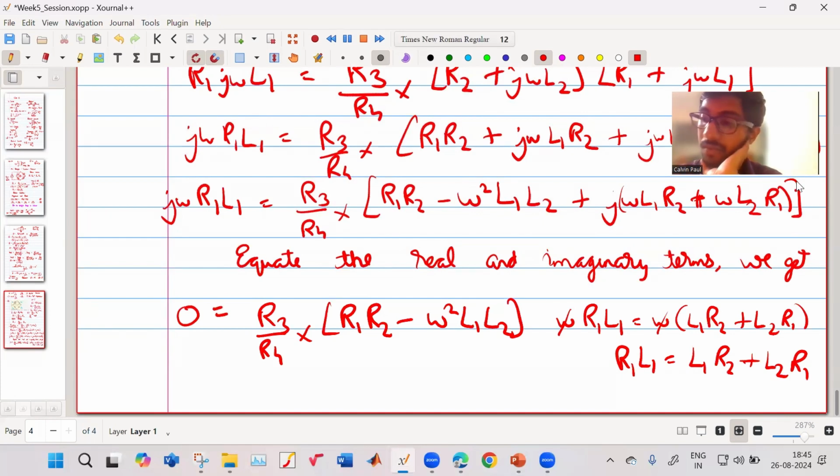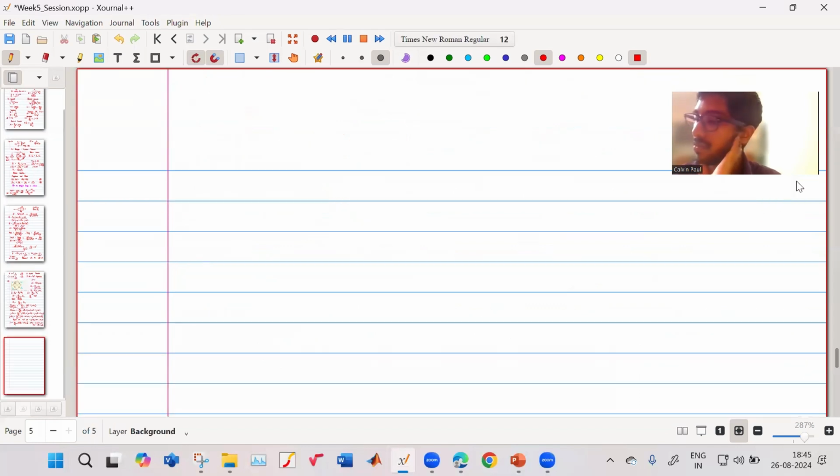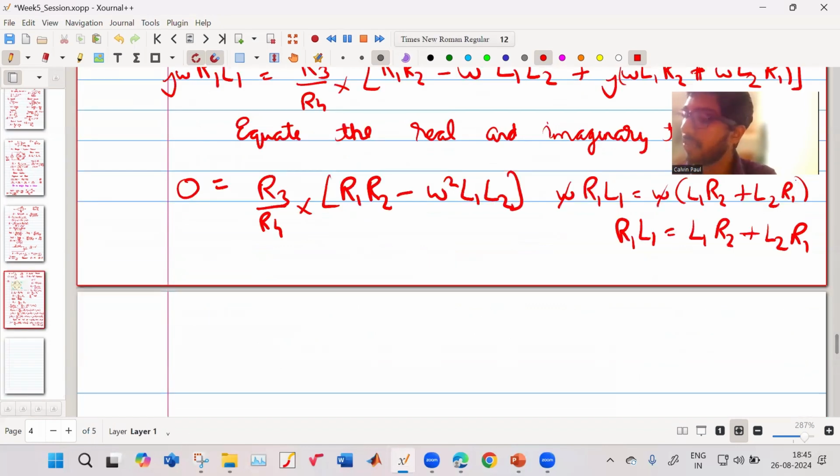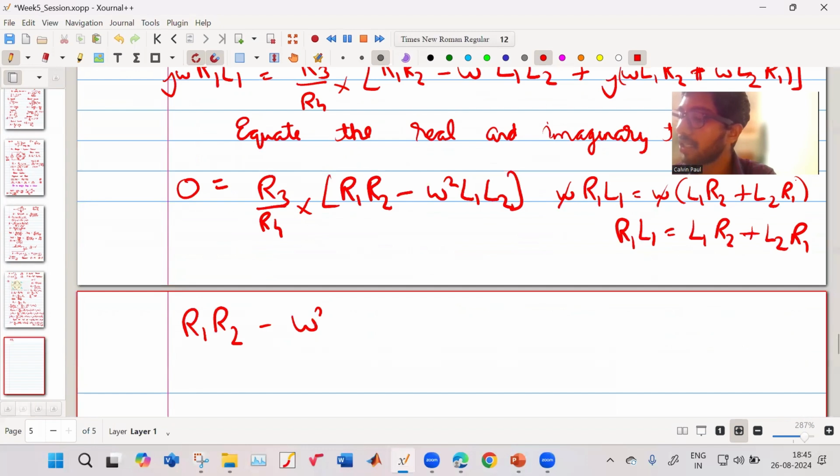Now this R3 upon R4 is common, so it will go away. So we have R1 into R2 minus omega square L1 into L2.